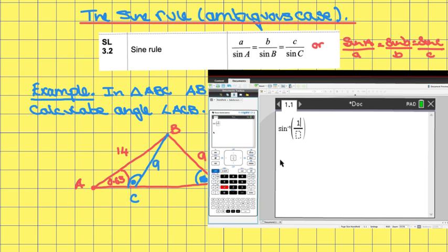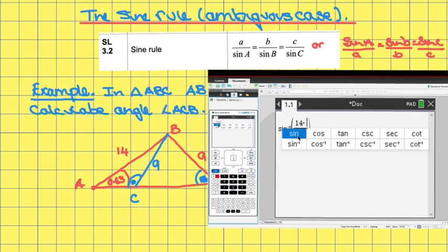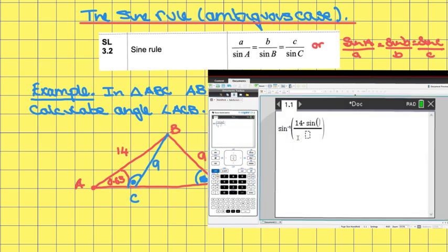So I want 14 times sine, so trig sine 0.63, divided by 9. Press enter.